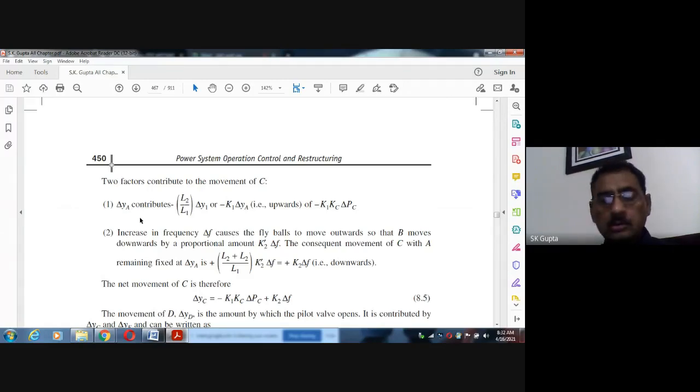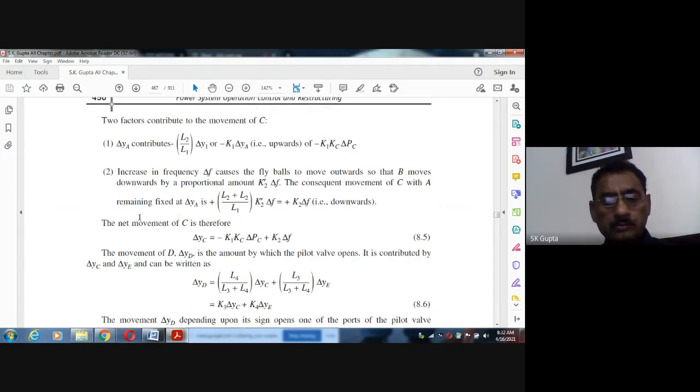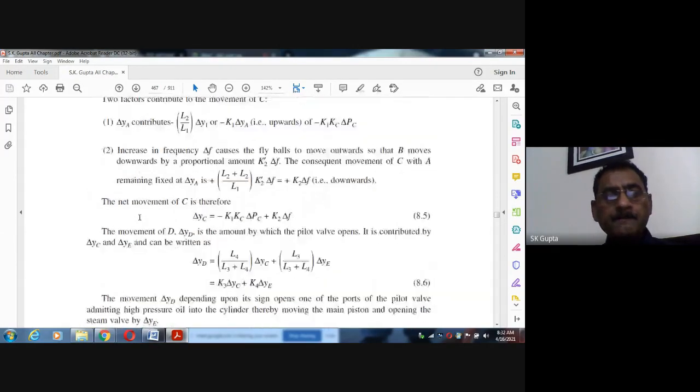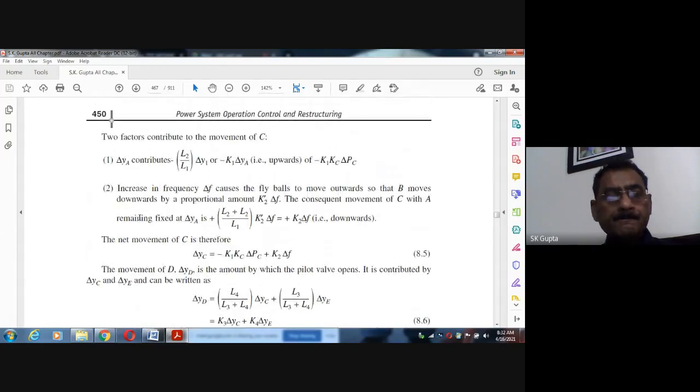एक सेकंड, YV का ये रहा, (L1 plus L2) by L1 into YV, और ये YV क्या था?